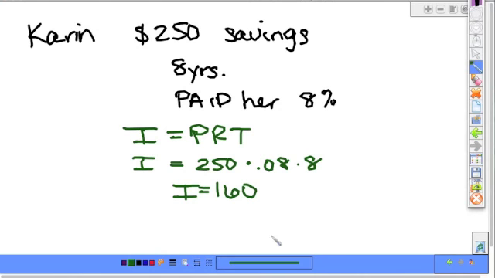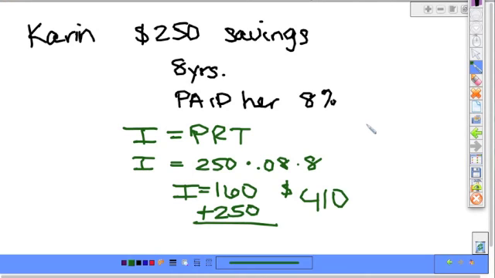Okay, so now if we add this to the original amount she's had in there this whole time, that means now she has a total of $410 in her savings account. She started off with $250 and it's grown to $410.